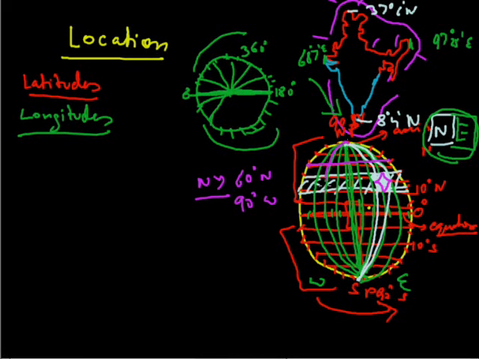So this is the 90 degree west. That means here is New York. It's very easy to find any place in the world by longitude and latitude. And that is why we made these imaginary lines. These lines are not drawn on Earth. These are just imaginary lines, and we make them on the basis of angles.